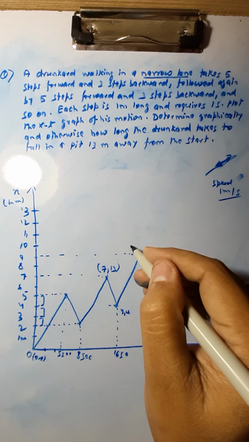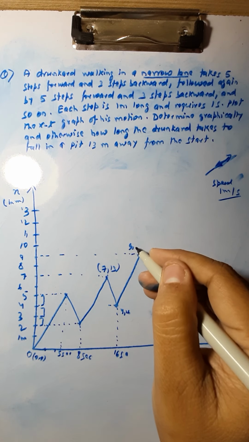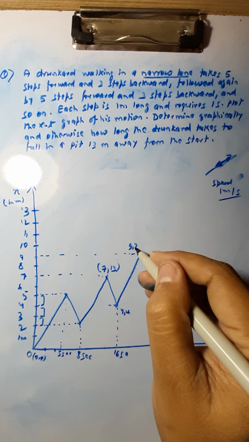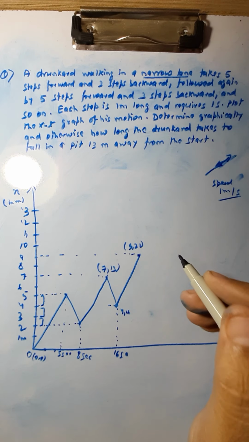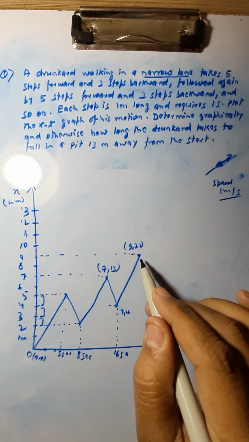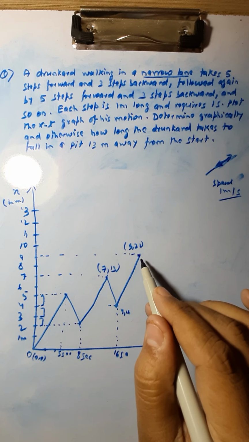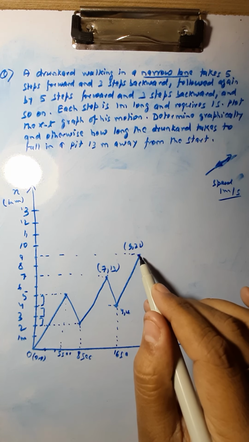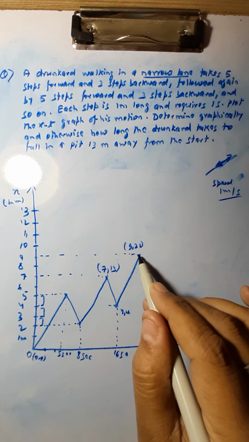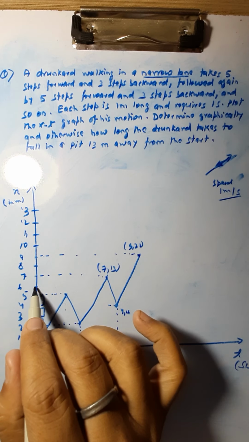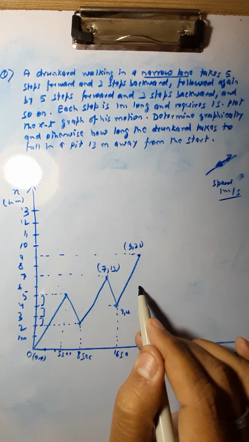So the point will be 9 meter and 21 seconds. Now he will again retrace 3 steps backward, so he will be somewhere at 6.